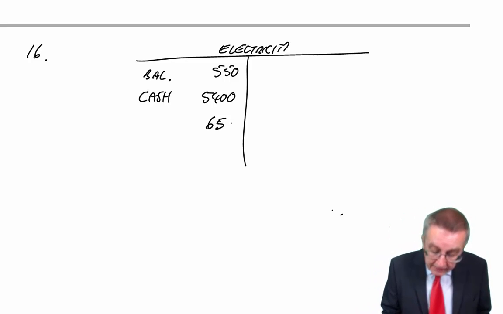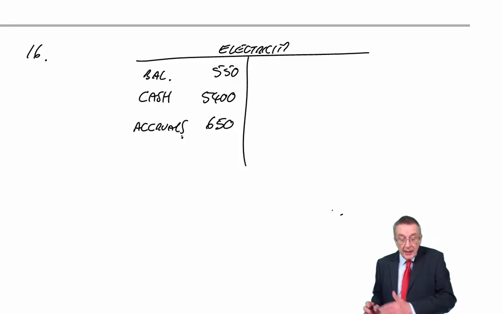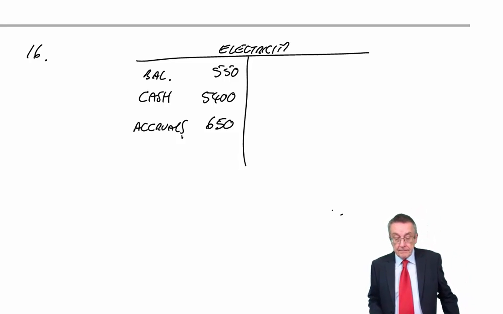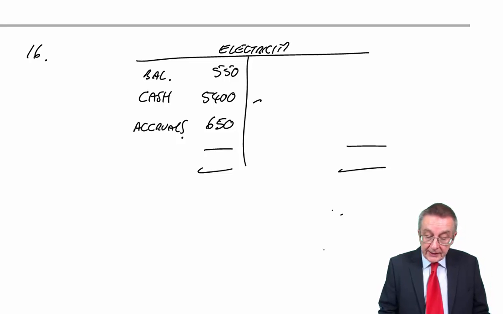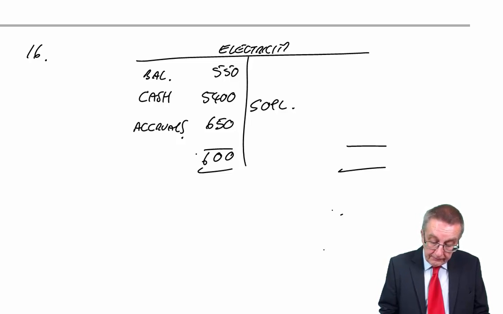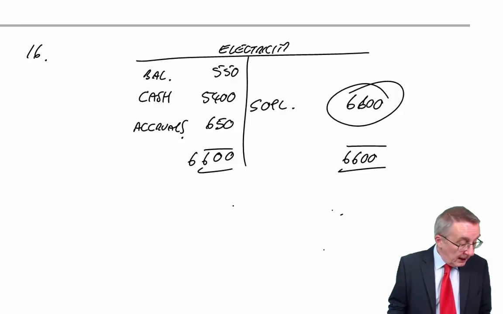You debit electricity, you'd credit accruals, 650, owing 650. And therefore, the total expense to the statement of profit or loss, I hope I've added up right here, 6,600. The answer is A.